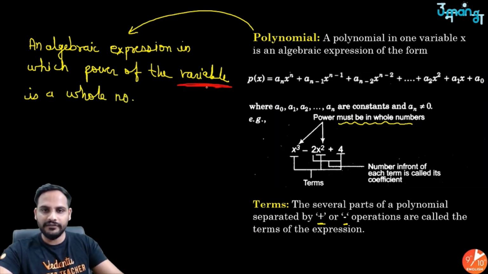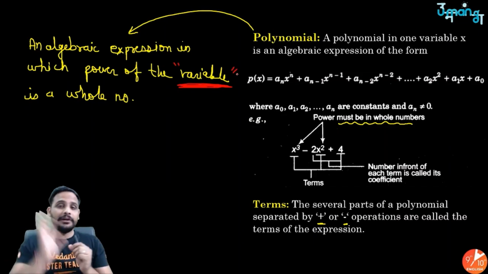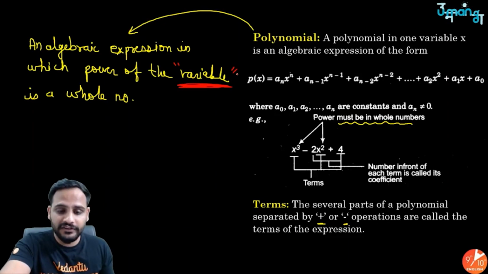Remember, I am talking about the power of the variable, not of the number. A number can have any power it wants, but the power of the variable must be a whole number.